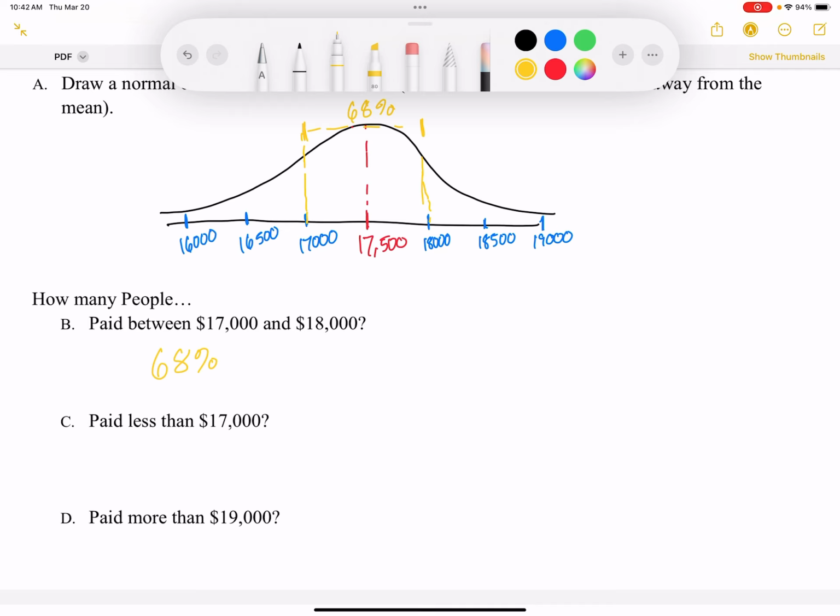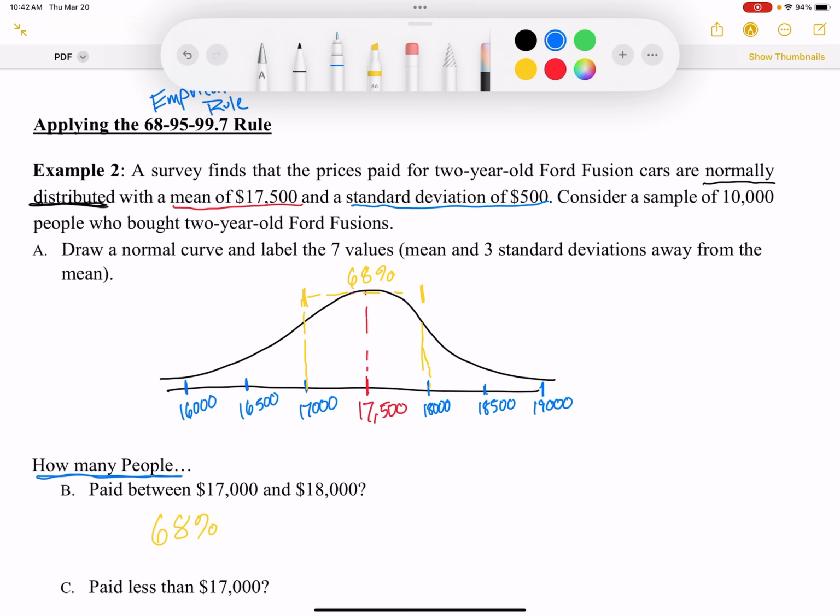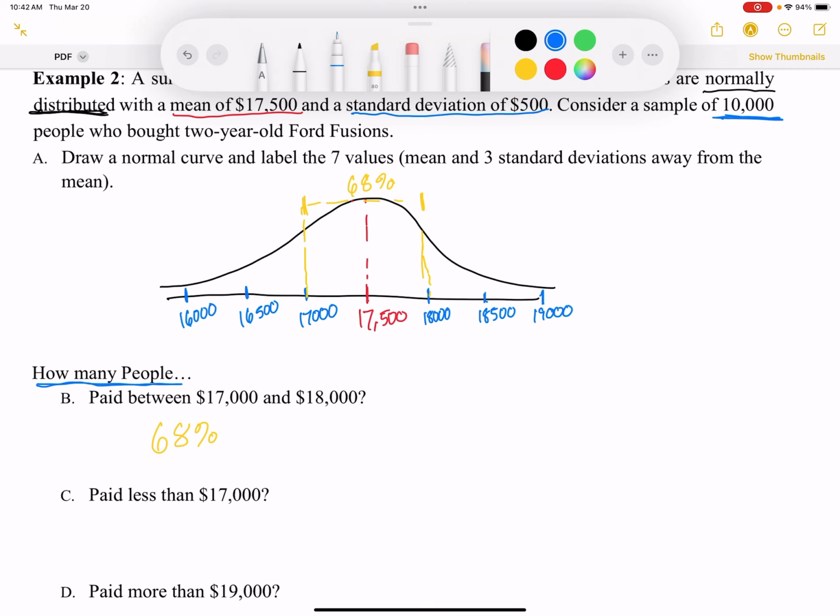But the question is going a little deeper. It says how many people, right? Let's go back and see the sample size. They had a sample of 10,000 people. So we're saying 68% of 10,000. So 68% of 10,000 people would be 6,800 people.